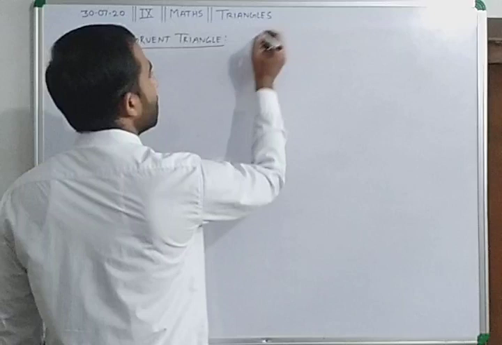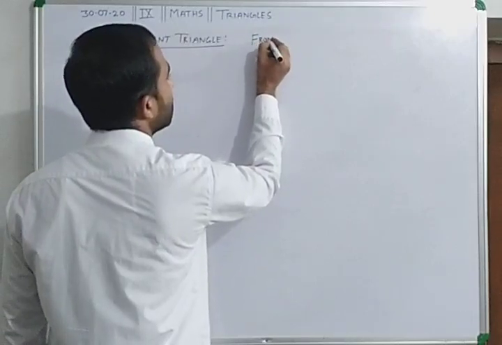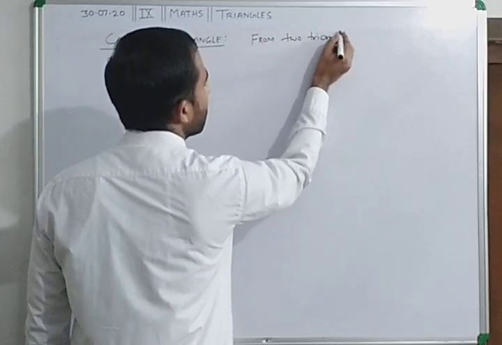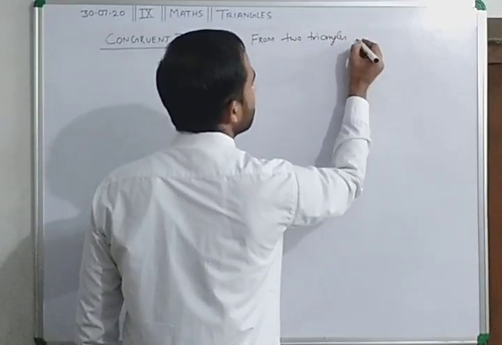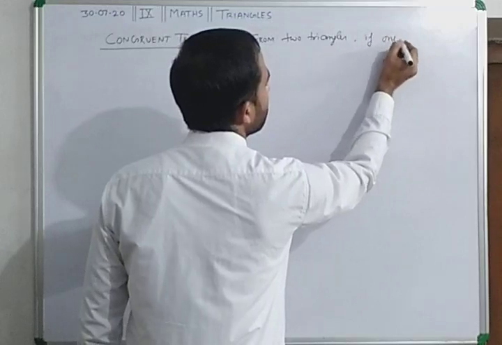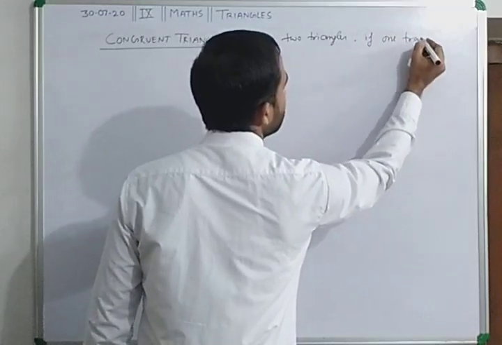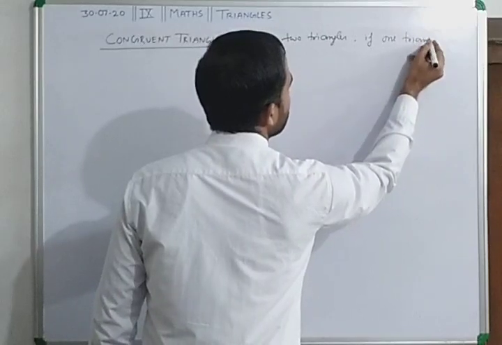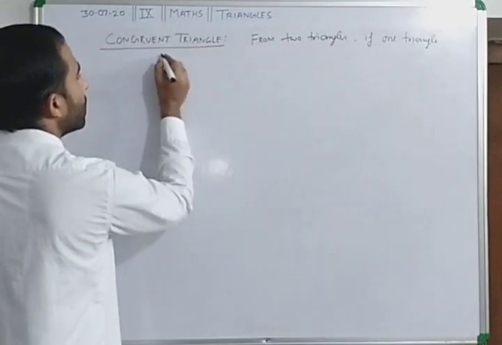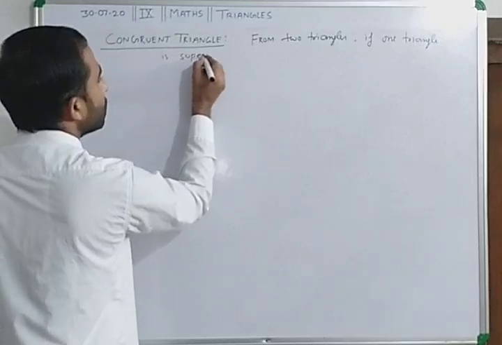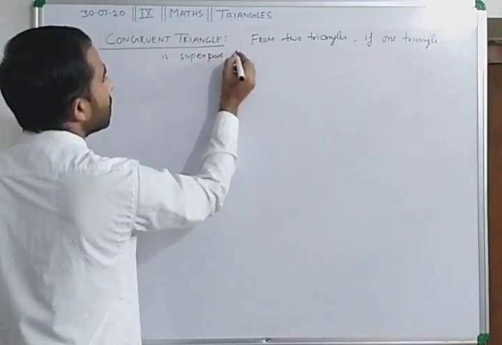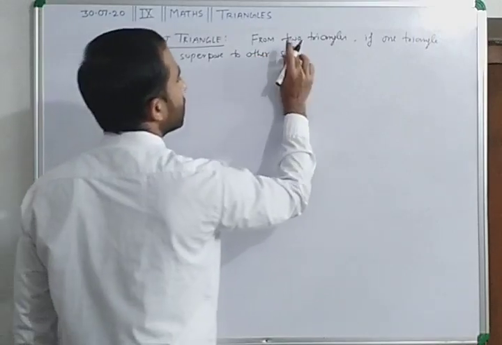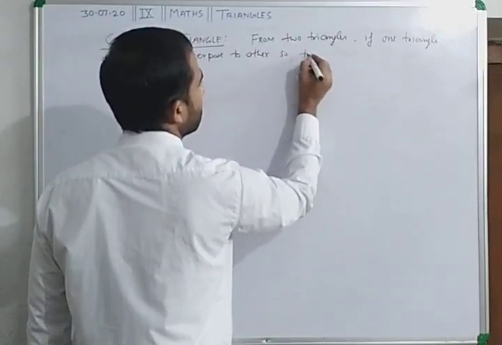From two triangles, if one triangle is superposed on the other, so the triangles are congruent.